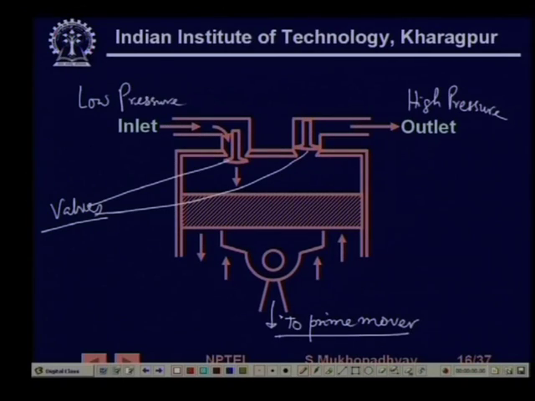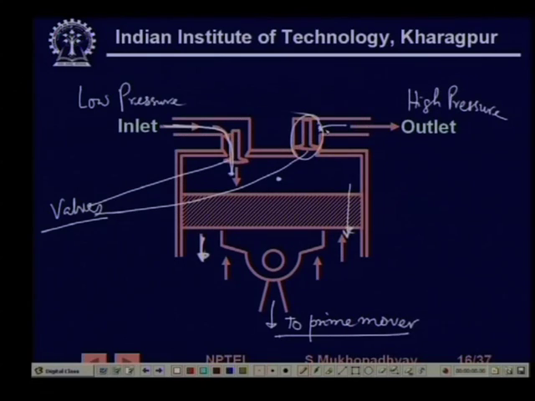In the suction stroke, this cylinder moves this way as shown here, and then this valve is going to open because the pressure here is going to fall. So, this valve will open and air will flow in from the inlet. This is only schematically shown. Since this is suction, this will seal this outlet, so no air will be sucked from the outlet.